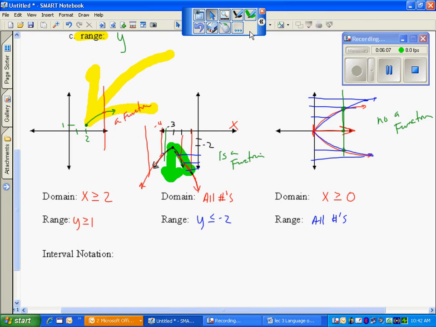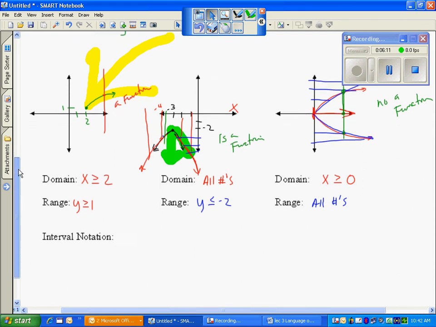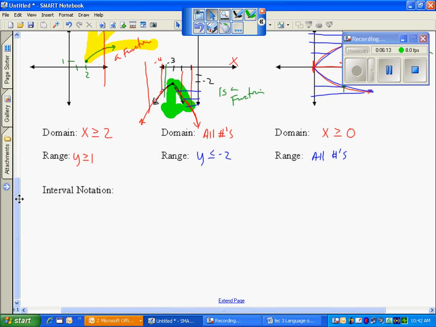We're going to learn a little bit on how to write domain and range without using inequalities. We have two symbols that we're going to introduce. One is a parenthesis, which means not include. And the second is a bracket, which means to include. And we always write this in interval notation from smallest to largest.